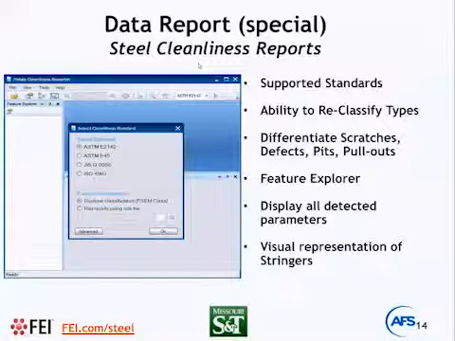So this will help the steel manufacturers or steel foundries to provide a report to tell the cleanliness level of steel. The benefit compared to a traditional optical microscope is that by using SEM and EDS technology, you can really differentiate the scratches, defects, and those non-real inclusions and give a more accurate steel cleanliness rating.